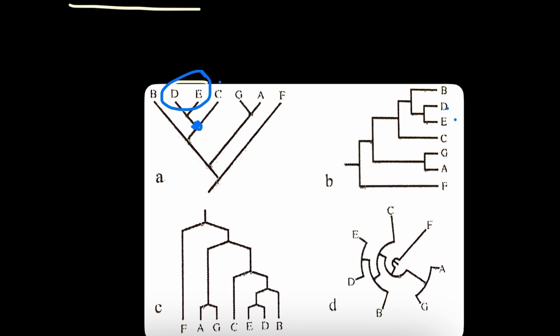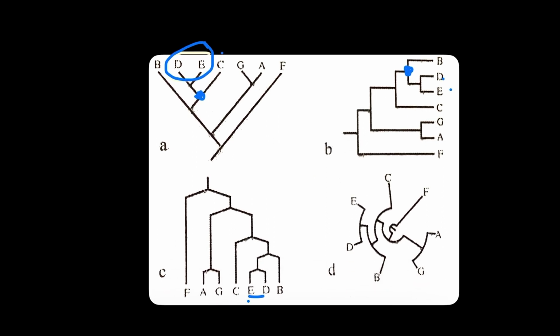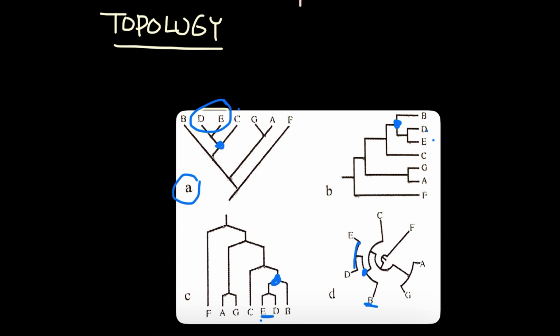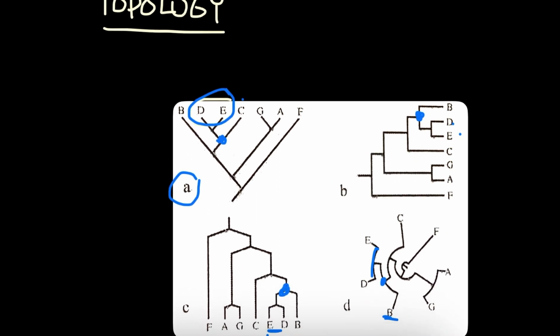D and E share a common ancestor with B. So we can tell that A, in this case, is the one that is not representing the same pattern. You see how with cladograms we use topology by looking at their branching patterns instead of the roots. Don't look at the roots, look at the tips.